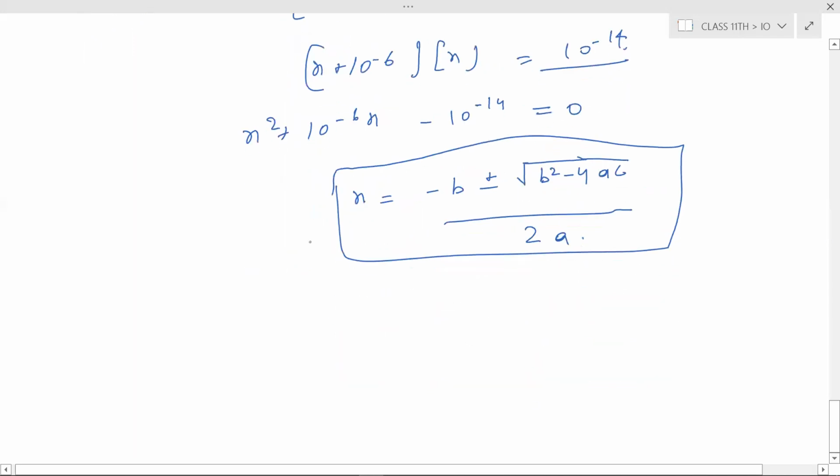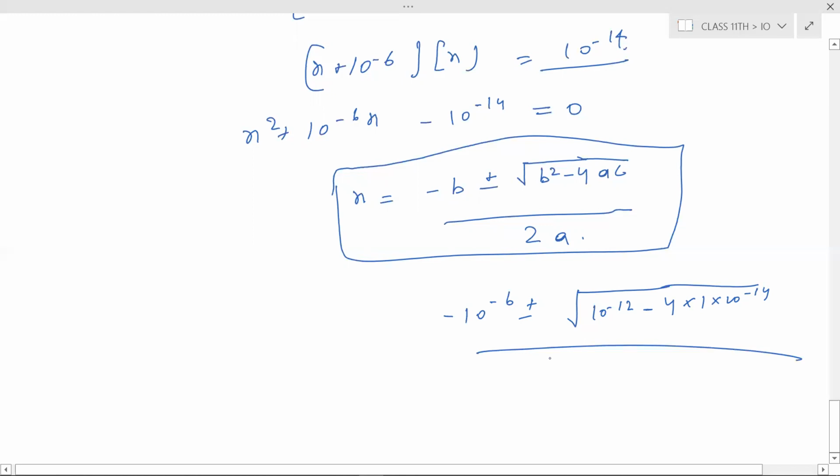Now, on solving, minus b means minus 10 raised to minus 6, plus minus root of b square, which is 10 raised to minus 12, minus 4ac. A means 1 and C means 10 raised to power minus 14, divided by 2a, that is 2 into 1.